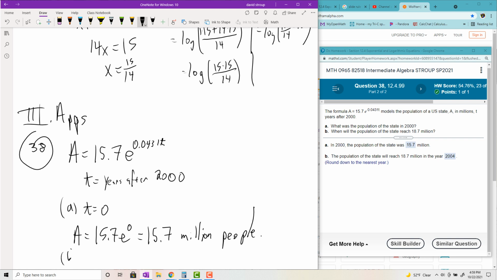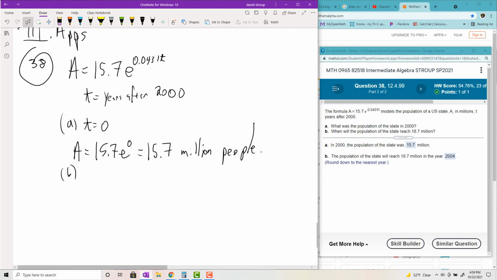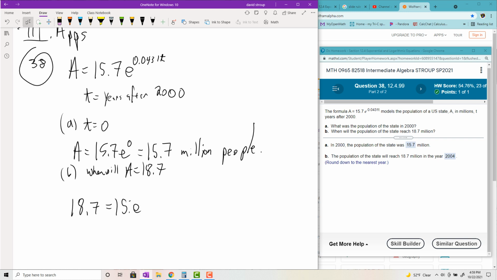Okay. When will the population reach 18.7 million? So when will A equal 18.7. There's a little more work for this one. This isn't just plug and chug. I'm going to replace A with 18.7, with the original equation on the right here.